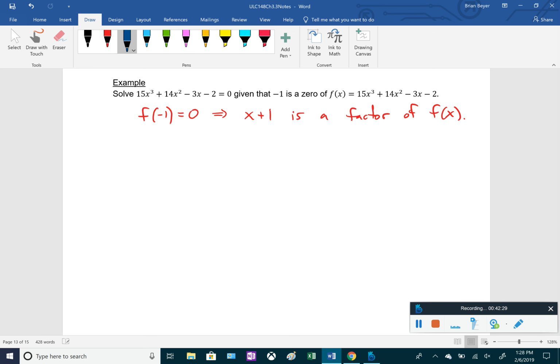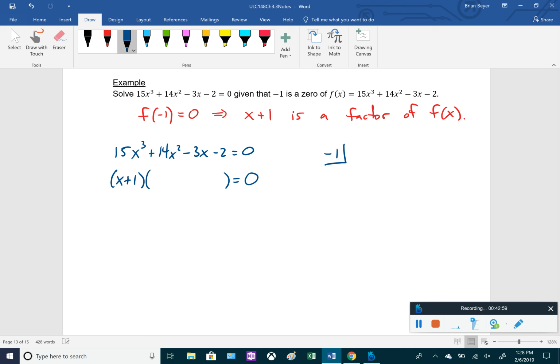So when we're trying to solve 15x cubed plus 14x squared minus 3x minus 2 equals 0, we can factor it as x plus 1 times something equals 0, and we can find that other something by synthetic division.